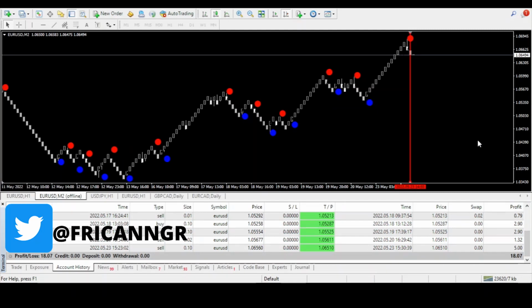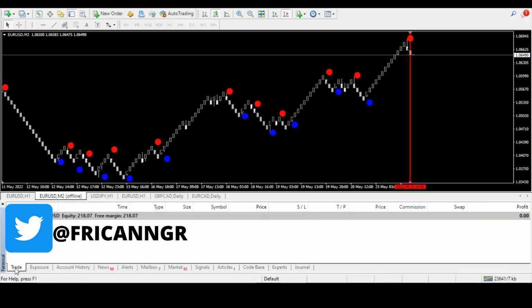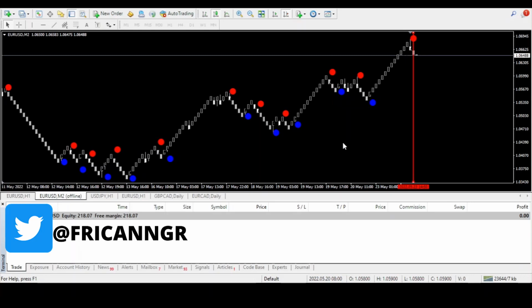What I'm trying to do here is to see if we can build a robot of it, because we can see that so far there is no negative. We are still looking into that.